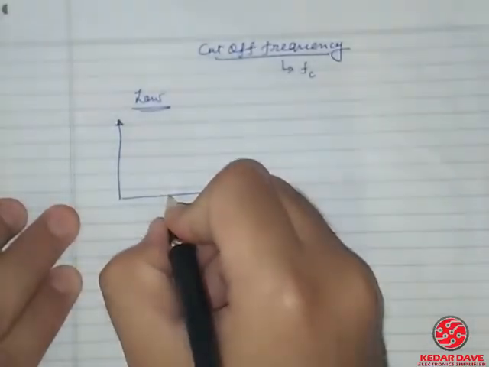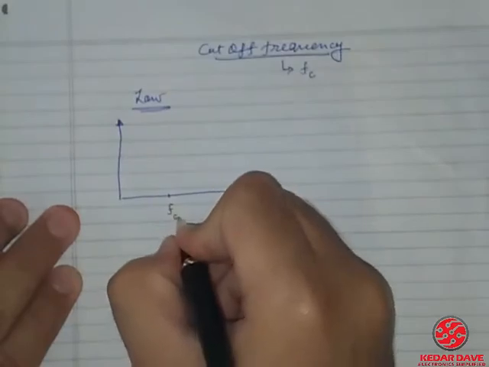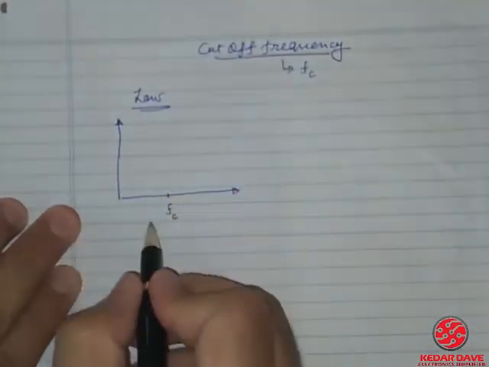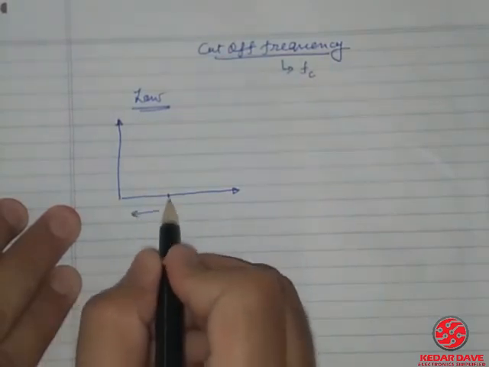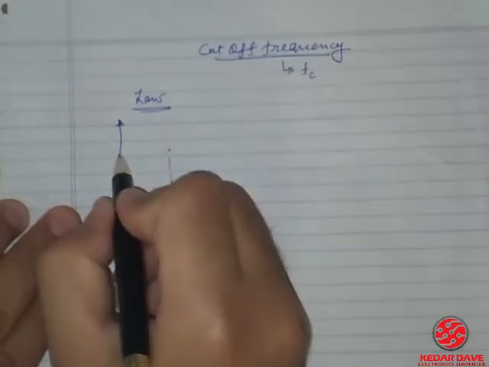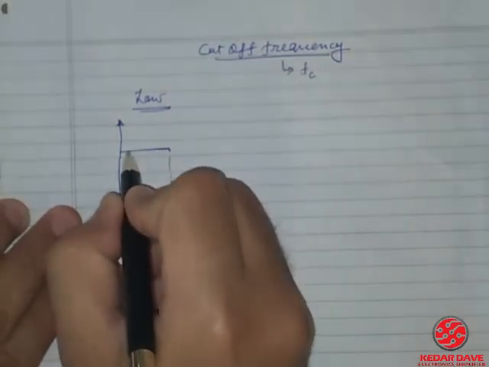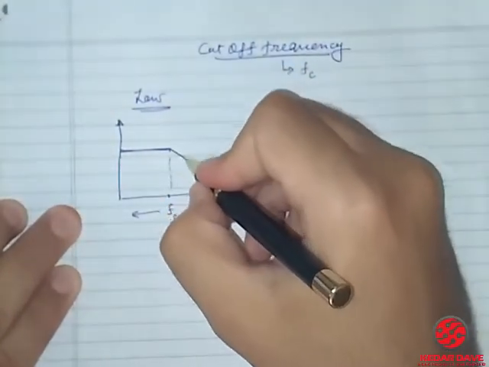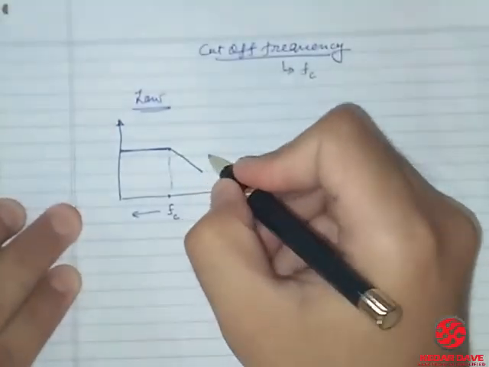Like if I say this is my Fc, then in the low pass filter all the frequencies below this cutoff frequency will be allowed, right? So up till over here it will be allowing. After this it will start decreasing at a particular rate.